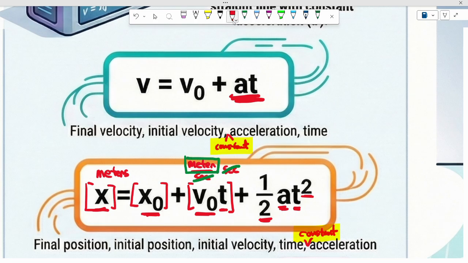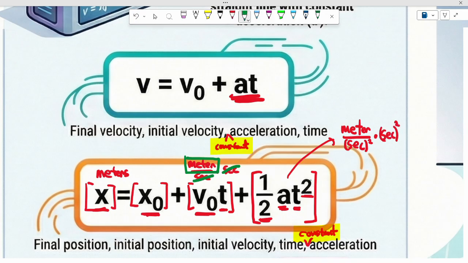And in this last term, when you look at the units, 1/2 has no units. Now the acceleration, let me write it over here so there's more space. Acceleration comes in units of meters per second squared. That's what you saw in the last lecture. That times the time squared, so second squared.